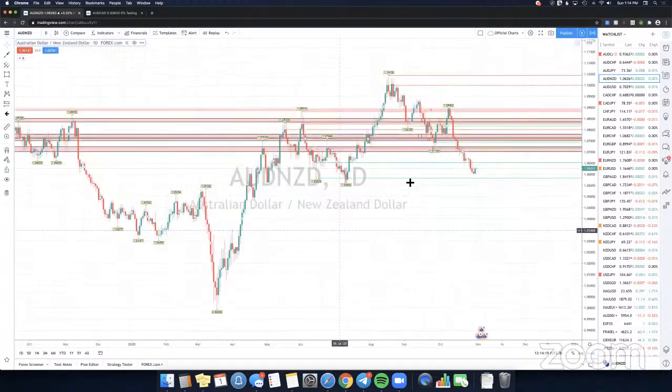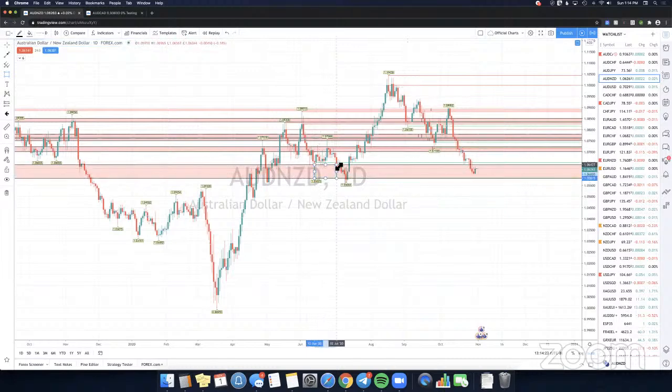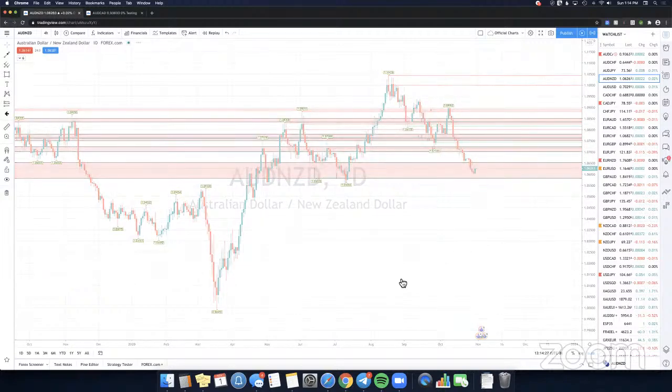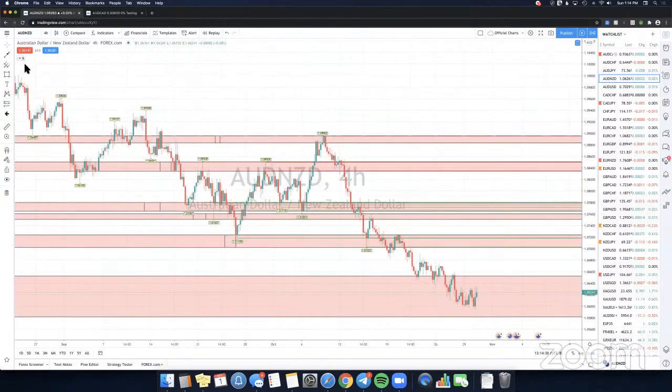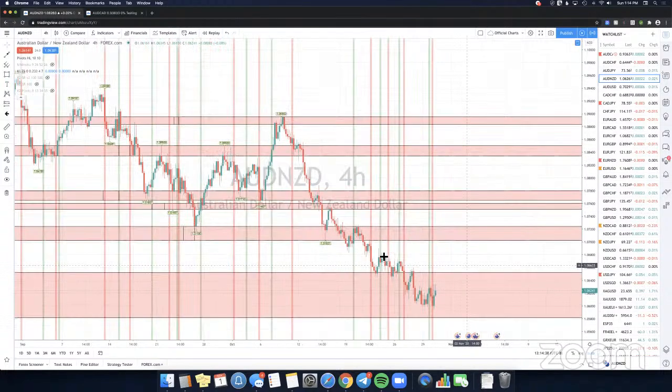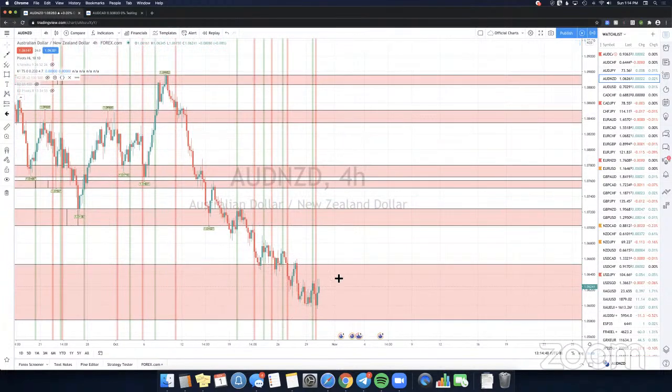Go on the daily. All right, so on the daily right here, price is actually within the zone currently. So this is going to be a little tricky because price is within the zone. Let's check where the momentum's going. Momentum's coming down. So right here, what can happen is we do have some bullish candles.